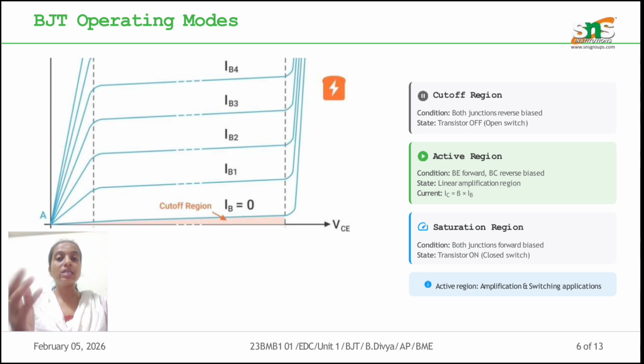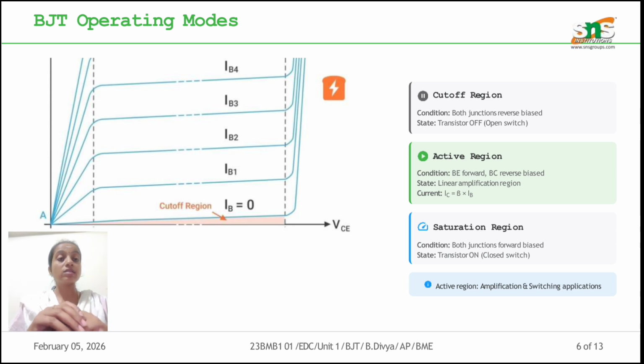So base and emitter are forward biased, and base and collector are reverse biased, where the current is IC equal to beta times IB. Beta is the total gain of the common emitter configuration.